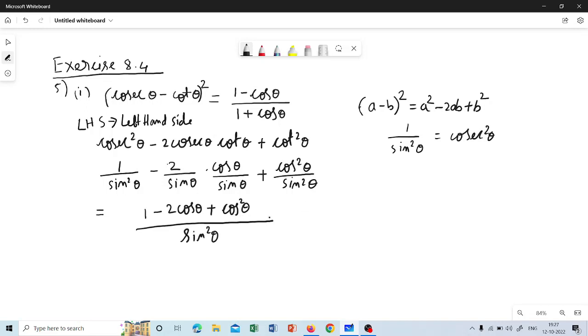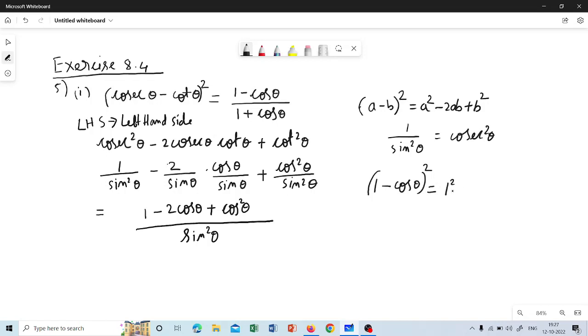So now if you clearly observe, how can we simplify further here? We know that I have already mentioned this identity, (a minus b) whole square is equal to a square minus 2ab plus b square. Now if I consider a as 1 and b as cos theta, let's check whether (1 minus cos theta) whole square will match with our numerator or not.